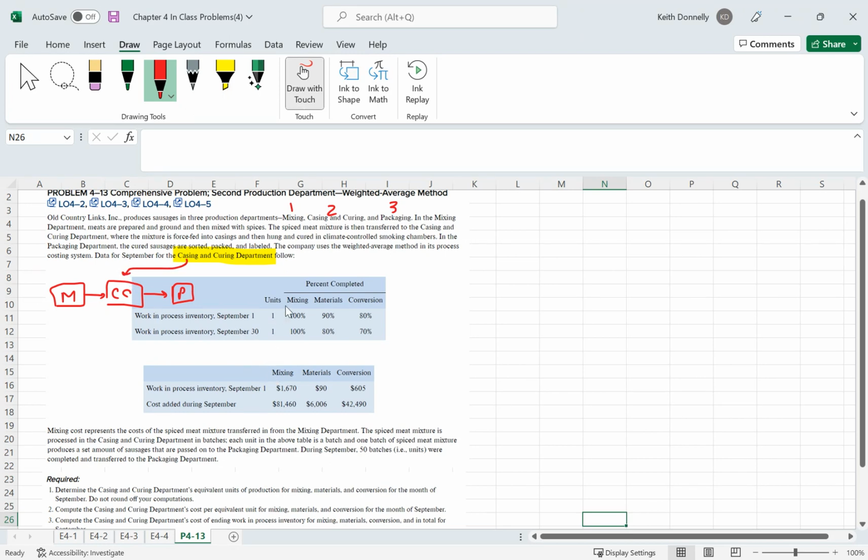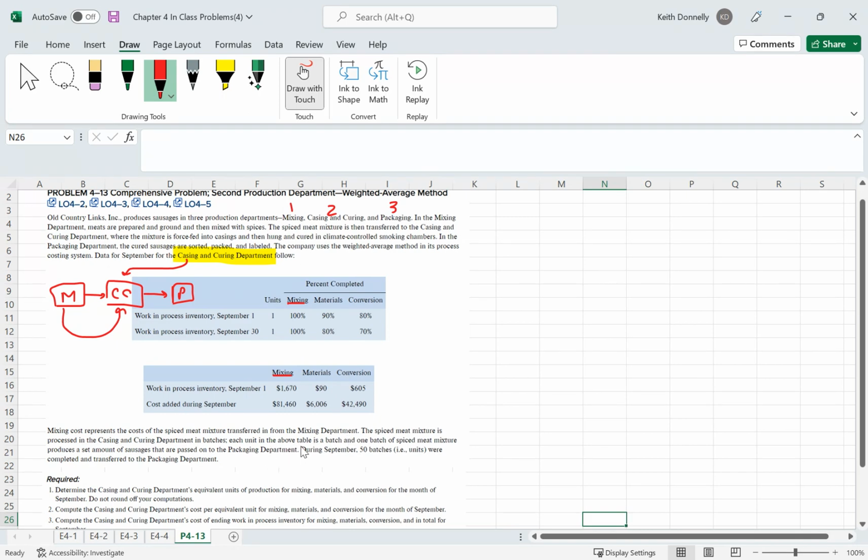But they're saying that when we look at mixing here, what that really represents is the cost of the meat that was transferred in from the mixing department when it goes from one processing department to the next. It says the spiced meat mixture is processed in the casing and curing department in batches.